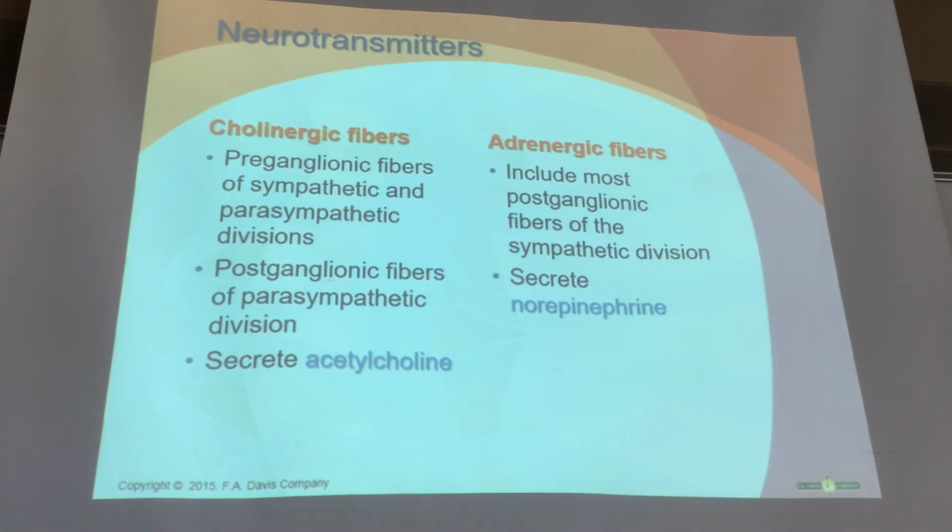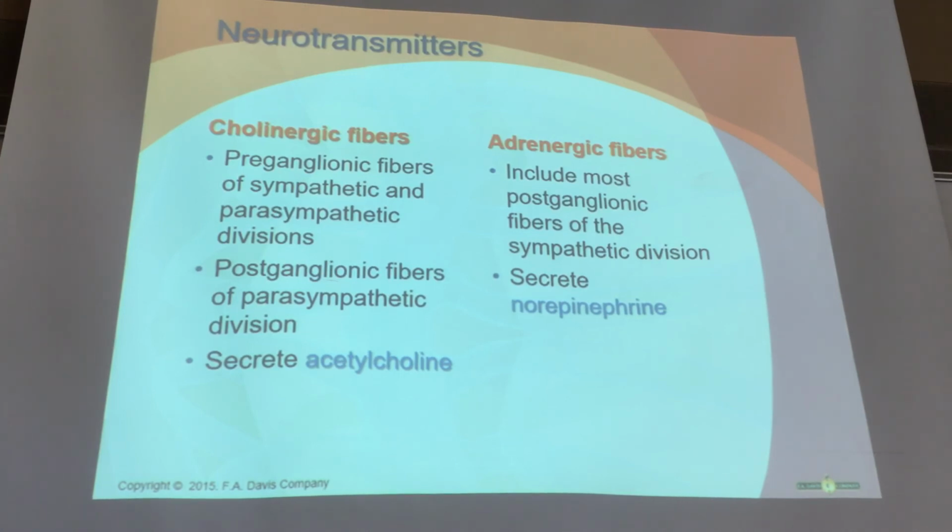The effects of the sympathetic division last longer than the effects of the parasympathetic division because acetylcholine is disposed of more quickly after its release than norepinephrine is. So, we'll just start with that one right there.